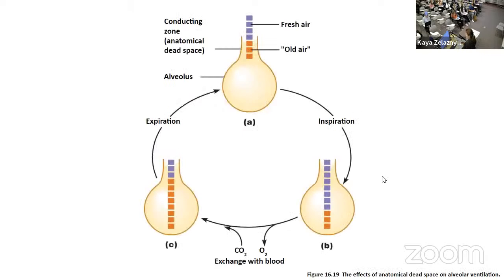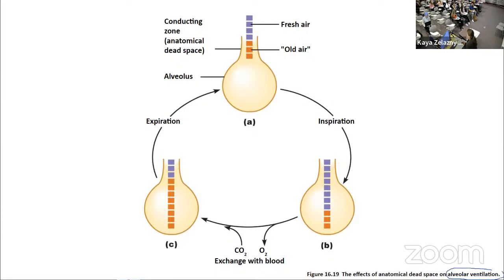Okay. So what we're looking at now when we're looking at alveolar ventilation is the air that gets into the alveoli specifically, rather than just the air coming into your lungs generally as a unit. So we're thinking about how much air is getting to that respiratory zone. Okay.